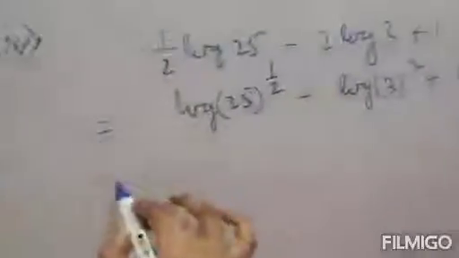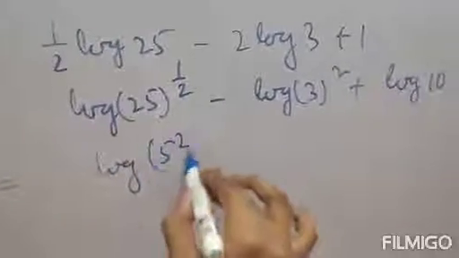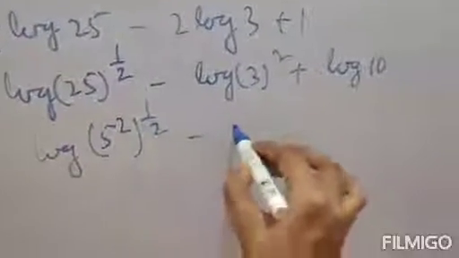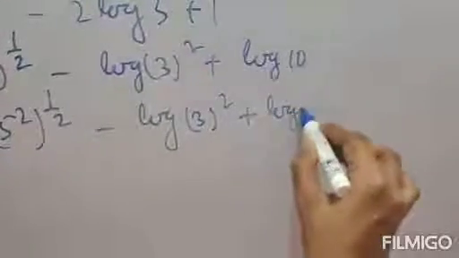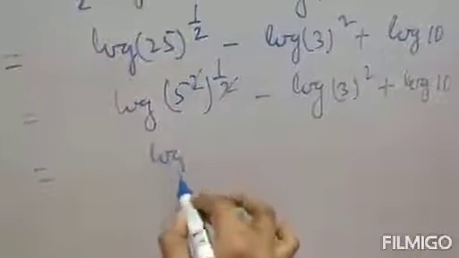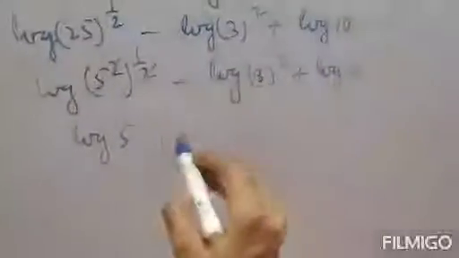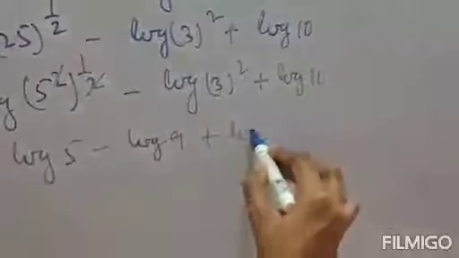Clear? Next, 25 can be written as 5 to the power 2, and the 2 and the 1 by 2 cancel, so that is log 5. Minus, 3 squared means 9, so log 9, plus log 10.